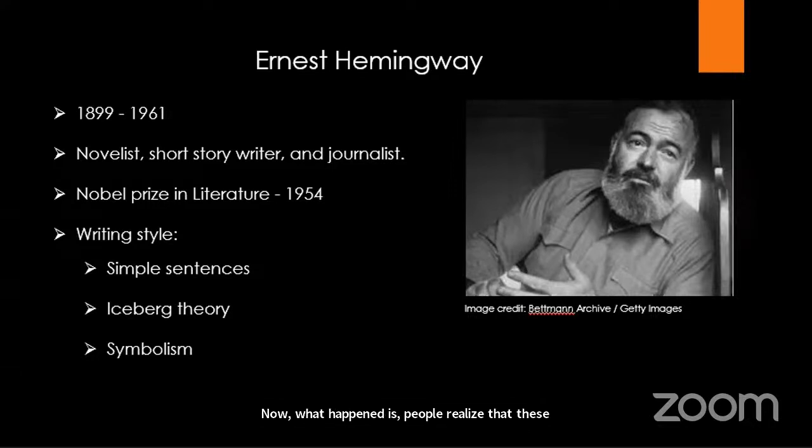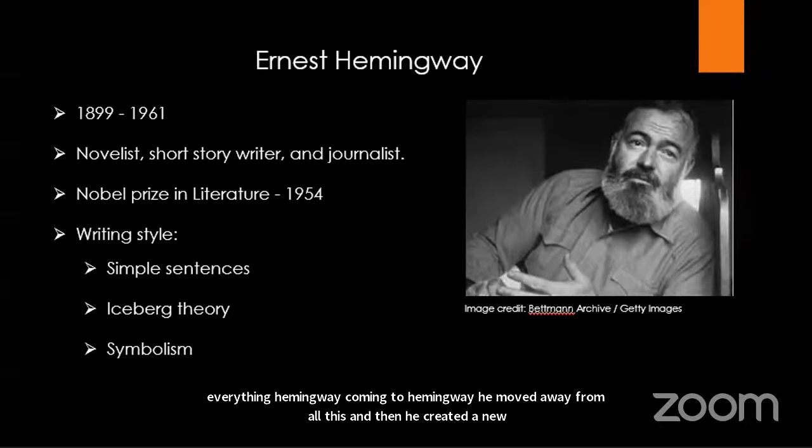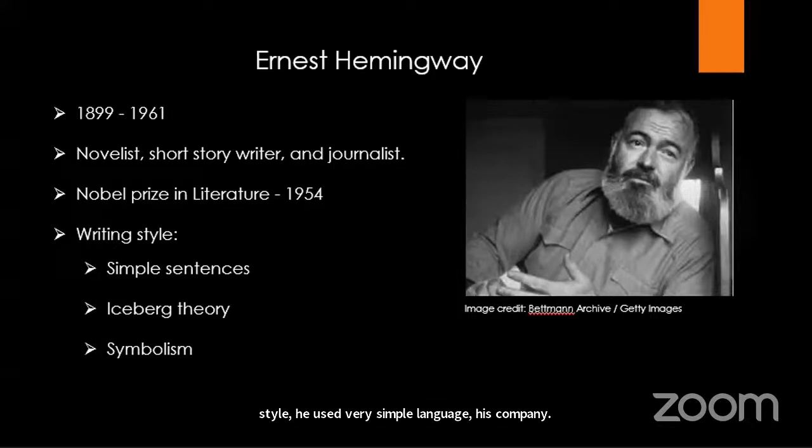From a literature perspective, this reflected as a moving away from 19th century writing. 19th century writing, as we've seen, was elaborate and used a lot of literary devices. Coming to Hemingway, he moved away from all this and created a new style. He used very simple language. His characters spoke in simple, very short, straightforward sentences.